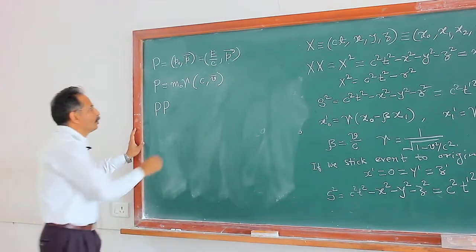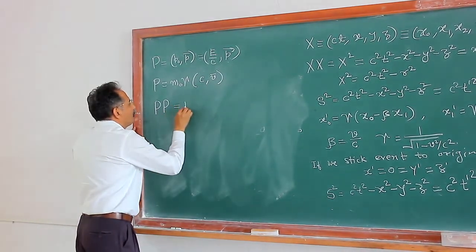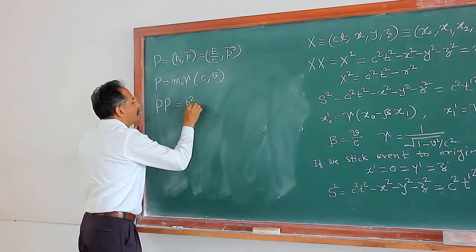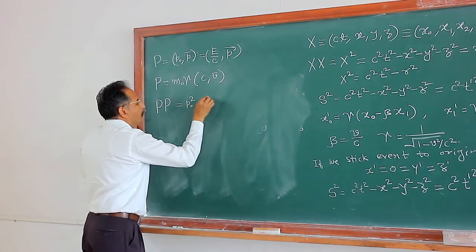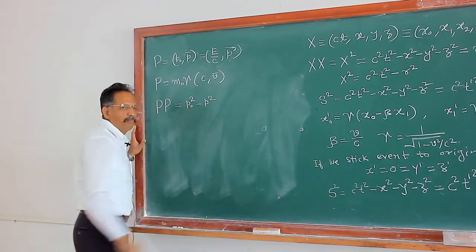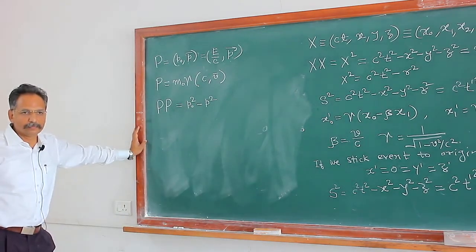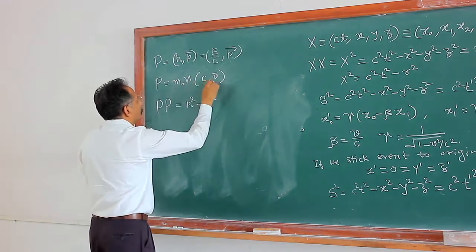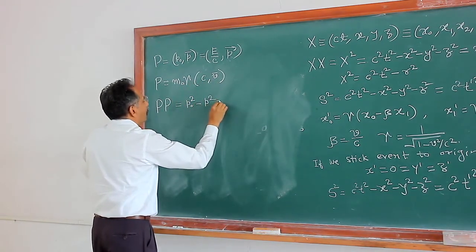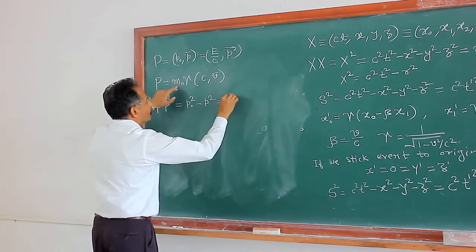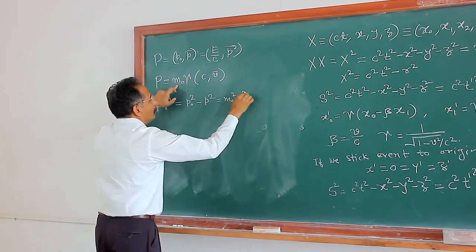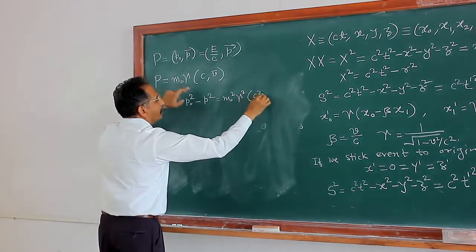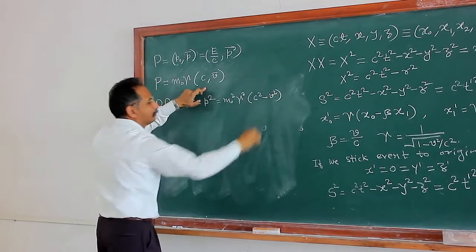Okay, so this will be P0 square minus P bar dot P bar will be P square. So this is equal to, let us plug in these values, M0 square gamma square into C square minus V square.